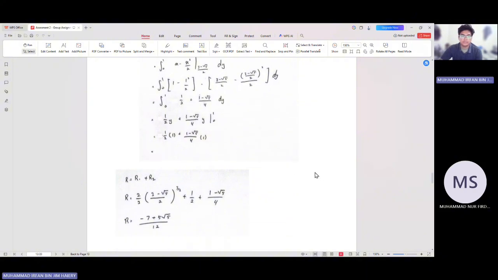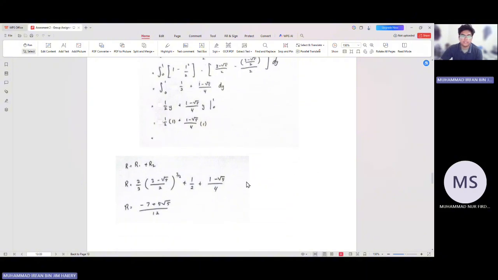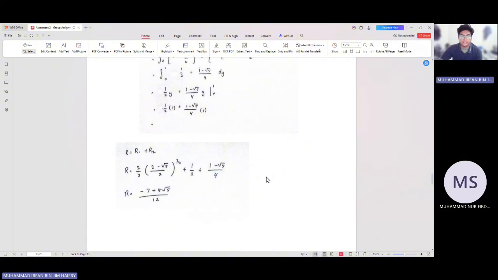We combine the region 1 equation and region 2 equation, which gives the same answer as from the x-axis and y-axis, which is negative 7 plus 5 root 5 over 12.